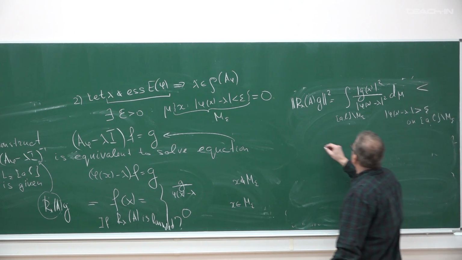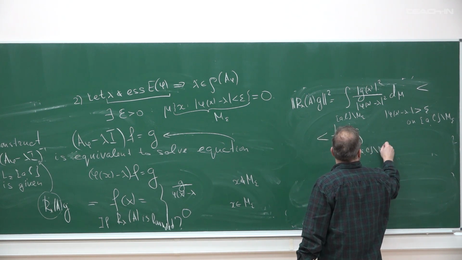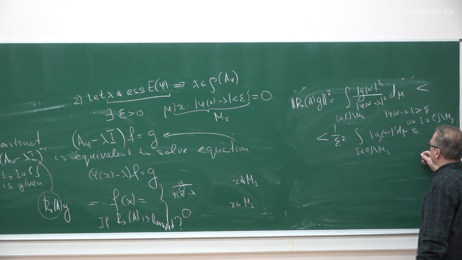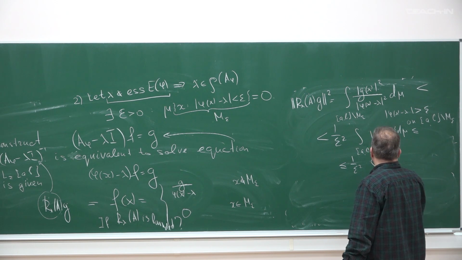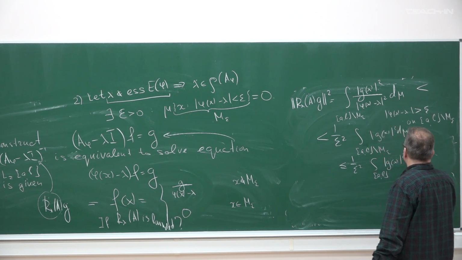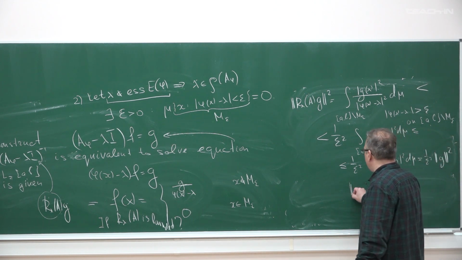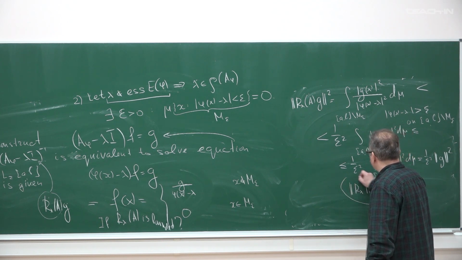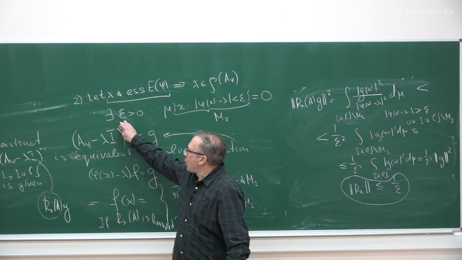So we can write an estimation, and this is less than 1 over epsilon squared times the integral over all of ab. So we immediately obtain that, and here epsilon does not tend to 0, it is just one fixed number.